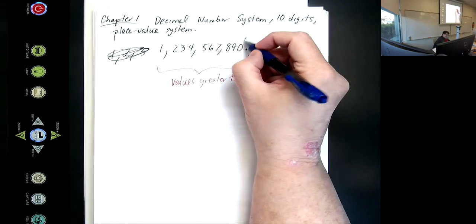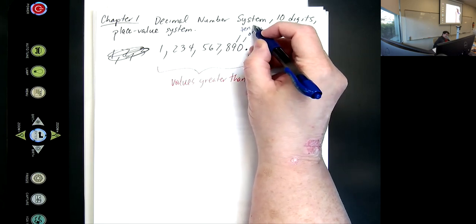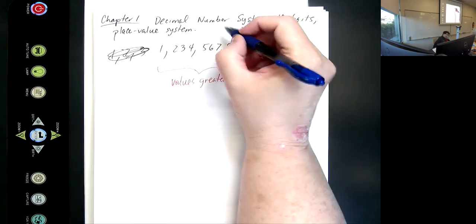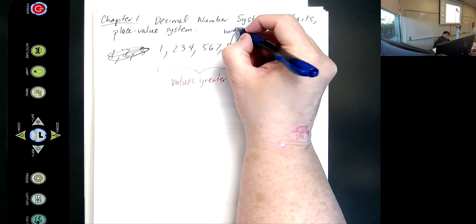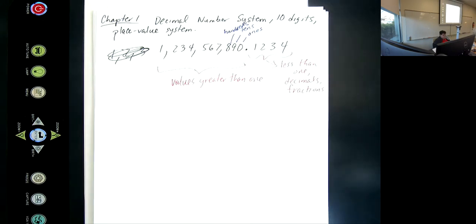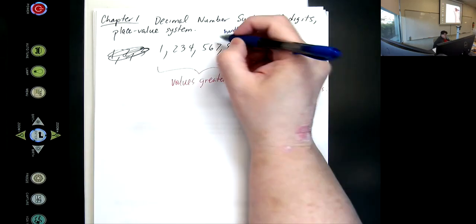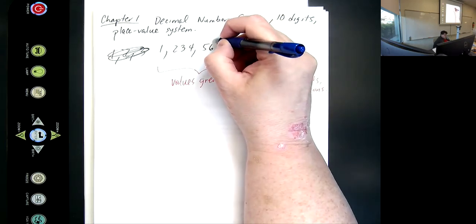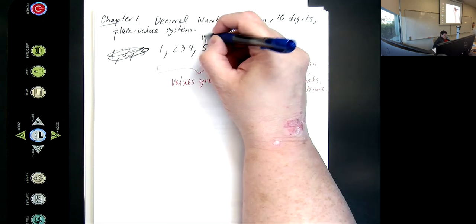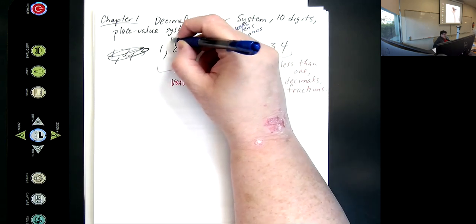Sometimes I won't use one if there are 4 numbers. We've got our ones place, our tens place, hundreds. And this process actually repeats. So we have ones, tens, hundreds, ones, tens, hundreds.